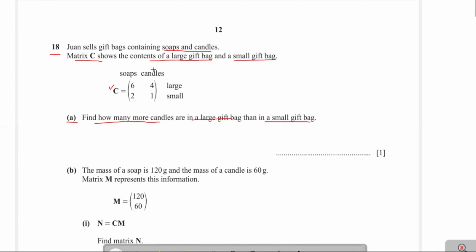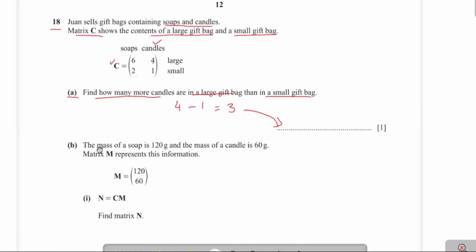And same here, these are the candles. 4 are large candles and 1 is small candle. Now we have to find how many more candles are in a large gift bag than in a small bag. Therefore, 4 candles in a large gift bag and 1 candle in a small gift bag. The difference is 3, and this is the answer.